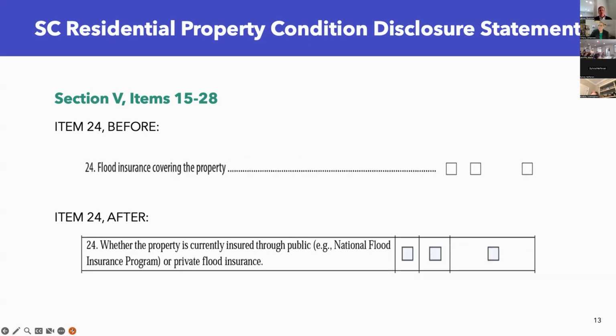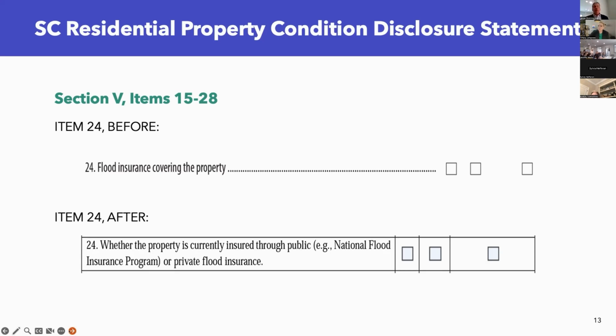Moving ahead to number 24, flood insurance. That's roughly where the old form ended in its conversation of talking about flood. Now, is the property currently insured through public or private flood insurance?